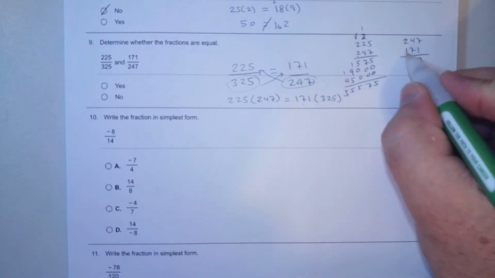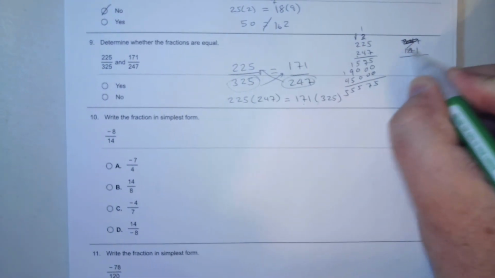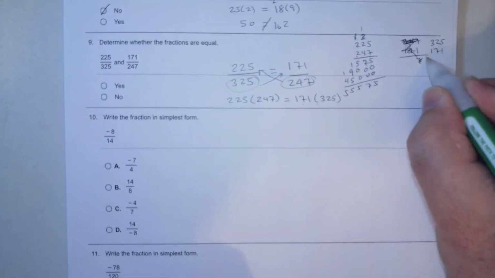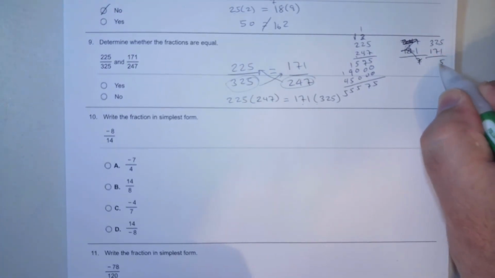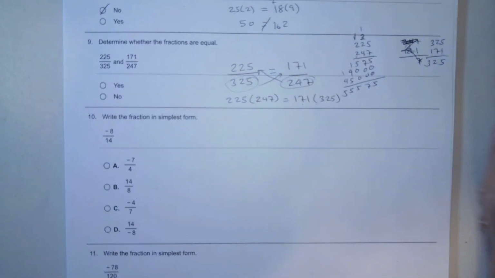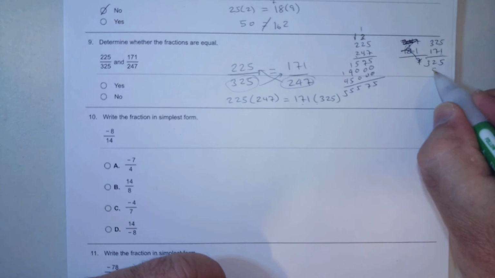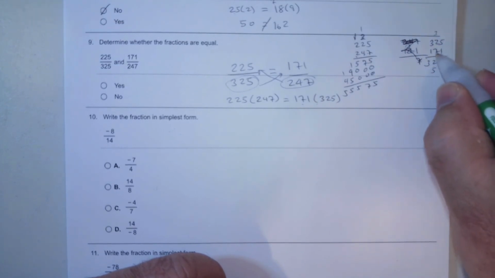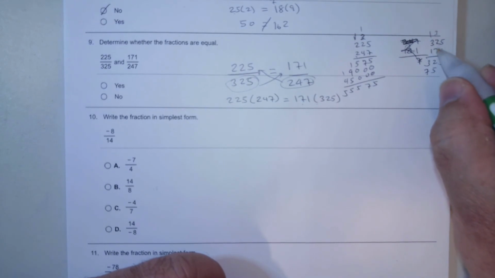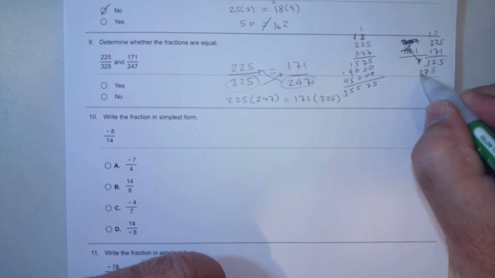171 times 325. 325, 171. 1 times 5 is 5. 1 times 2 is 2. 1 times 3 is 3. 7 times 5 is 35. 7 times 2 is 14, plus 3 is 17. 7 times 3 is 21 and 22.